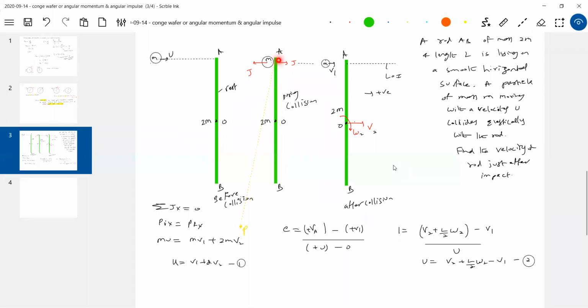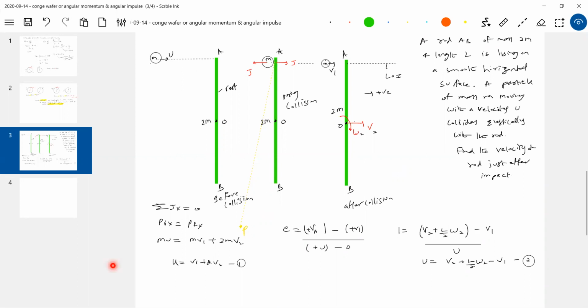This is R bar, this is J, clockwise angular impulse. This is R bar and this is J, anti-clockwise. So what is the net angular impulse about any point on the ground? It is also 0. Therefore angular momentum of this particle-rod system is conserved about any point on the rod or about any point on the ground.